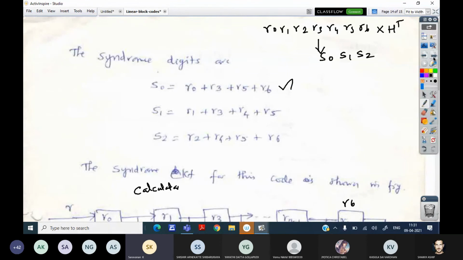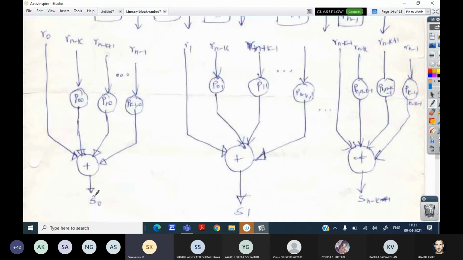Now we are going to design a general syndrome calculator circuit. So R0, R3, R5, R6. What is my S0? R0 plus R3, can you tell me those 4 bits? Shall I close the class?